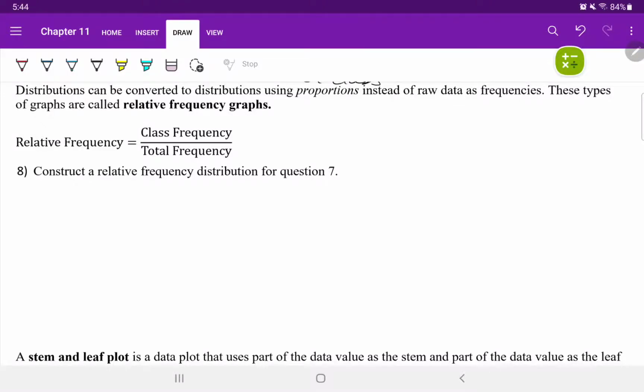Okay, guys, we're going to learn about relative frequency distributions. Now, look what it says here. Distributions can be converted to distributions using proportions instead of raw data frequencies.